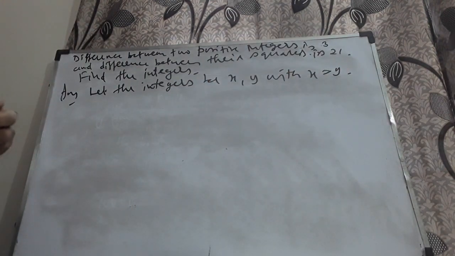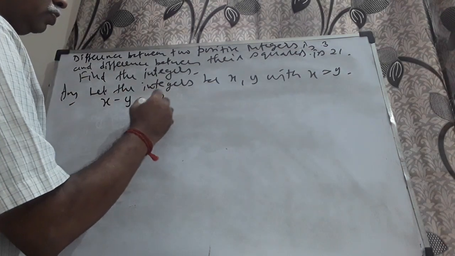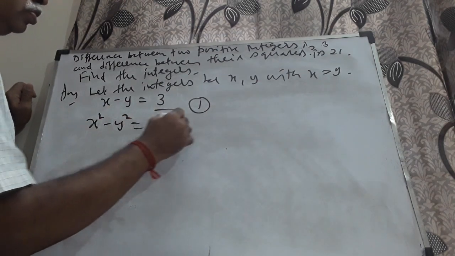Why I choose x greater than y is, by difference in mathematics we mean to subtract the smaller number from the bigger number. Therefore, if x is greater than y, I will write x minus y is equal to 3. If y is greater than x, I will write y minus x equal to 3. Here I automatically mean x minus y is equal to 3. x square minus y square is equal to 21.